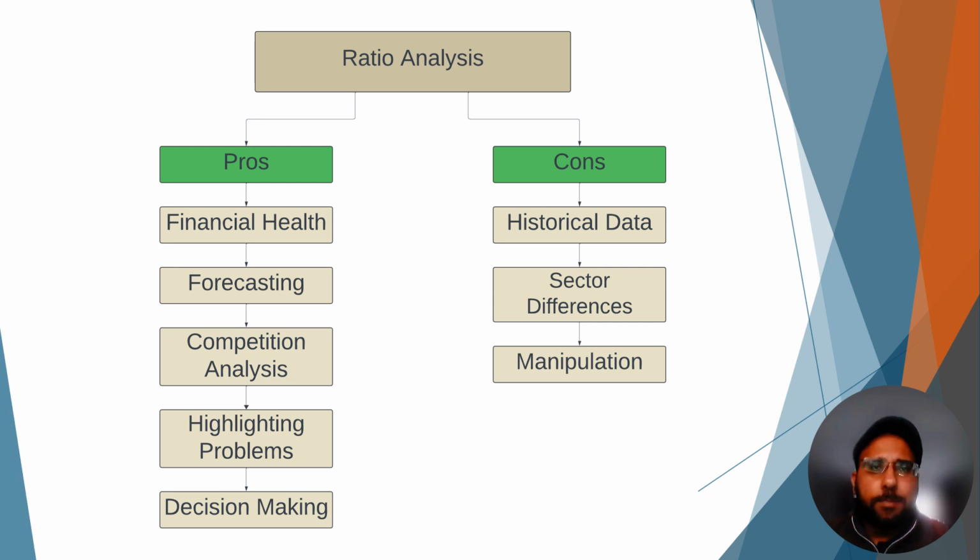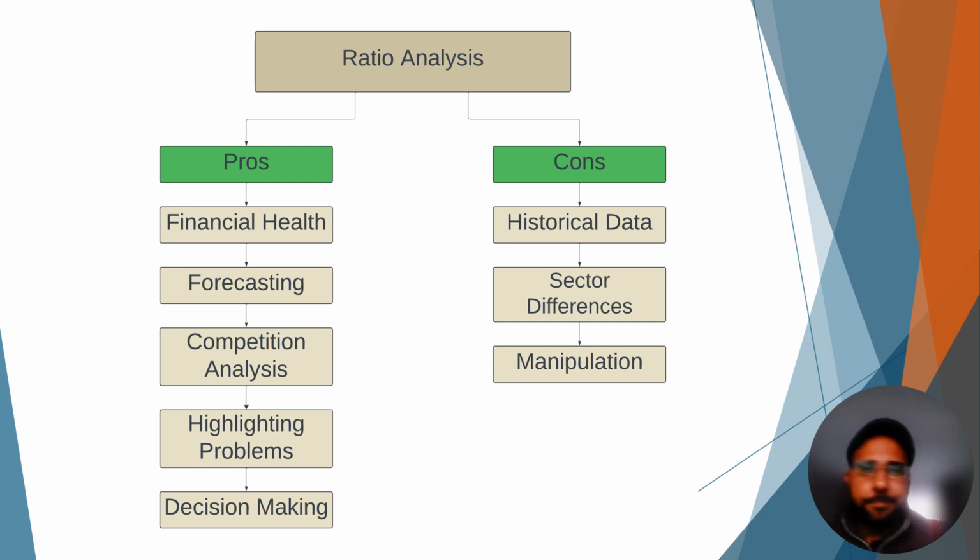Okay, sector differences. The ratios do react differently to different sectors, so it can make it that bit more difficult to read. But as I always say, always focus on comparing companies within the same sector. Okay, as some sectors prefer high PE ratios, whilst others don't. Okay, and the final one would be manipulation.